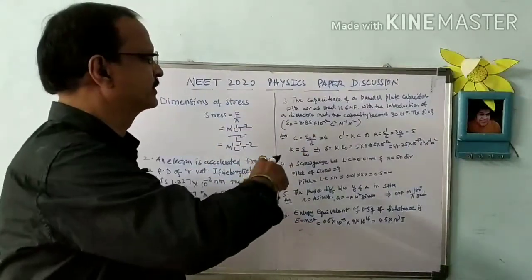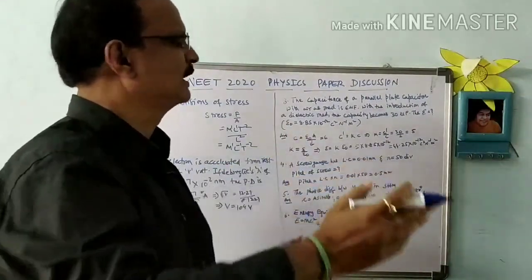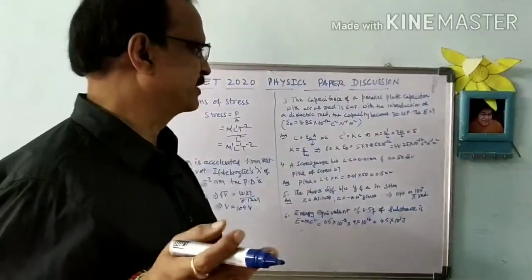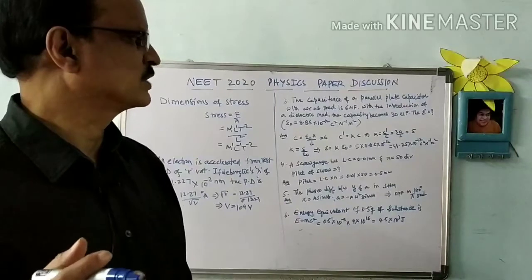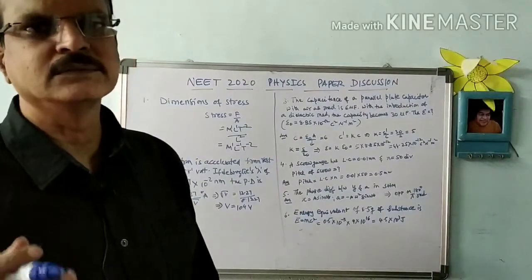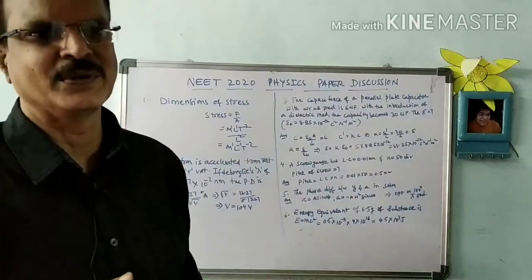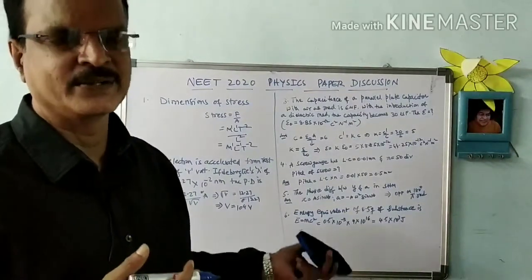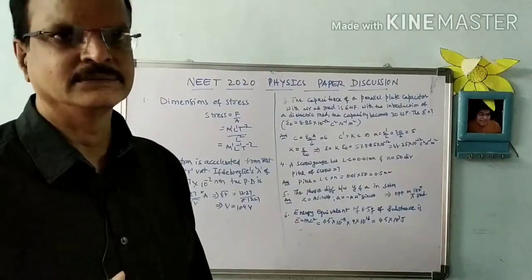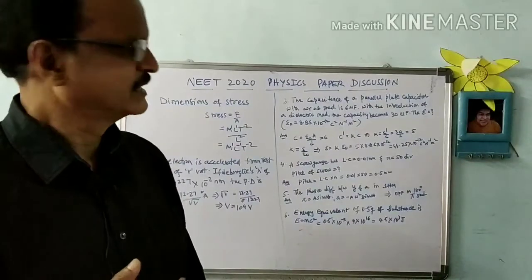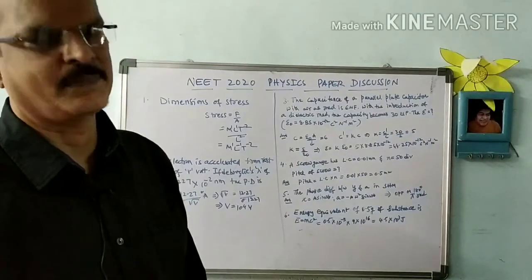Therefore epsilon is equal to K into epsilon naught. Simple calculation: 5 into 8.85 into 10 to the power of minus 12. So 44.25 into 10 to the power of minus 12 coulomb square, newton inverse, meter square. Students, this is also a very easy direct question which was asked in 2020 NEET physics, a simple problem based on capacitors.